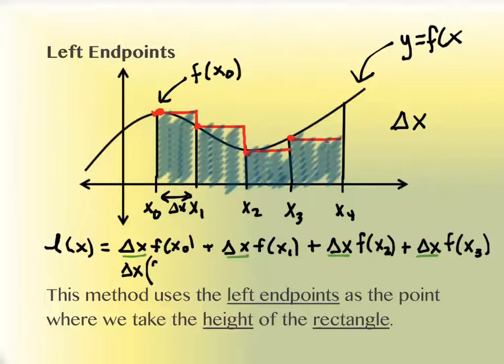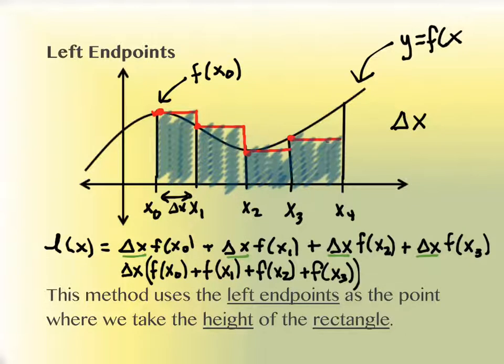It would be much easier if we simply added all of those heights together and then multiplied them one time by delta x. Now in practice, this is what we're going to do. We're going to do this last step right here.